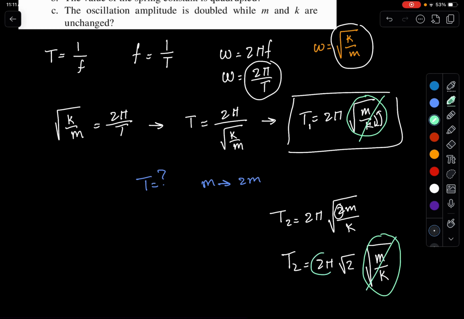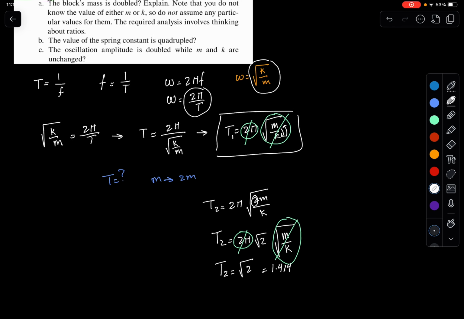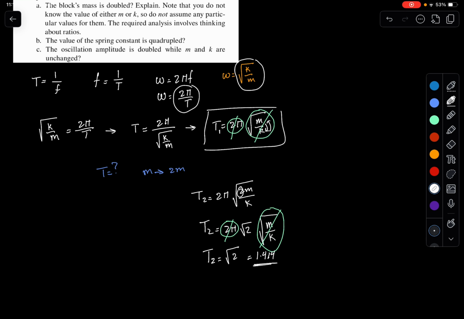Let's also cancel the 2 pi because it didn't change and it looks exactly like the first one. So the remaining is T2 equals a square root of 2, which is 1.414. This value shows us how much it increased.